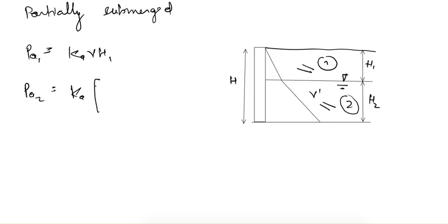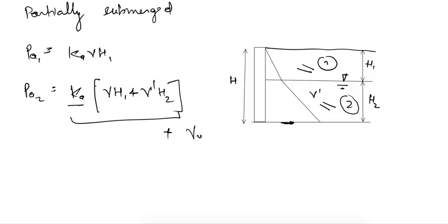The effective stress at this level below would be gamma into H1 plus gamma dash into H2. So Ka times effective stress gives us the active pressure due to soil. Then pressure due to water is also there, that is gamma W into H2.